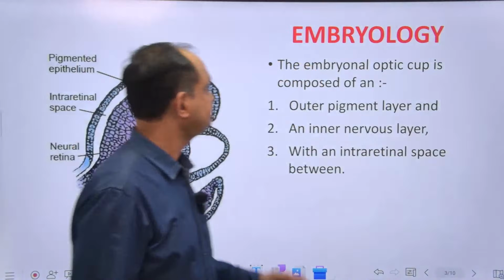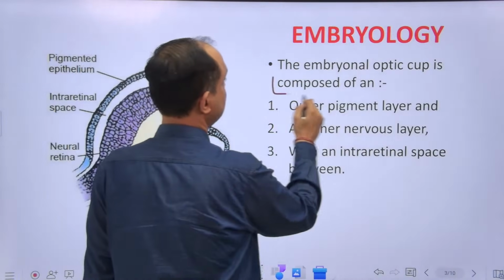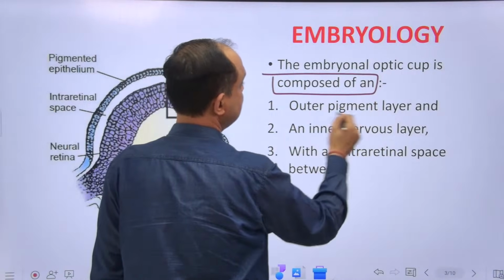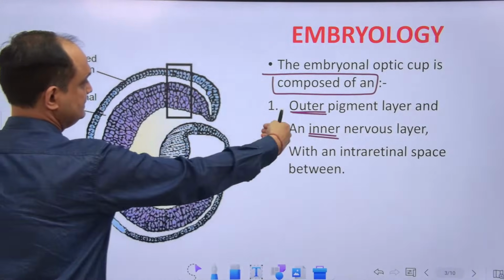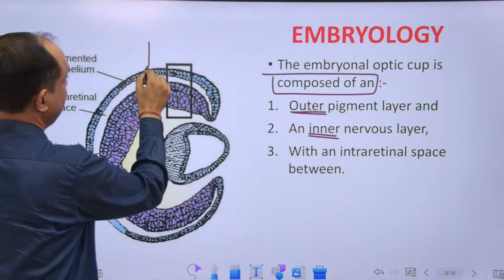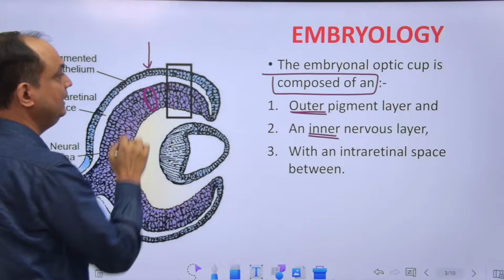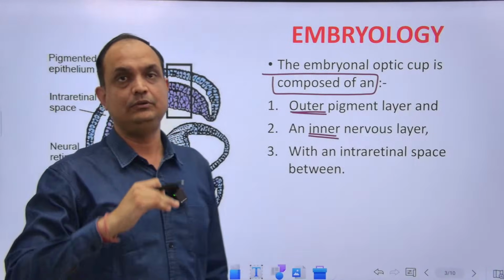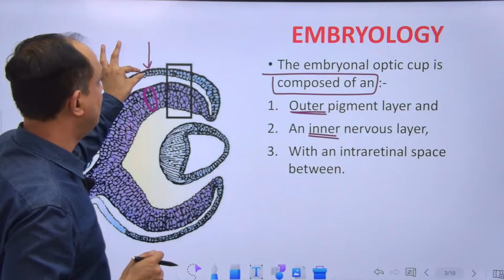Now what will happen is that this optic cup is composed of two layers. One is the outer layer, one is the inner layer. Once the invagination takes place, the cup is divided into two layers. The inner layer has multiple neuronal cells, or multi-layered cells, and this is the inner layer, this is the outer layer.